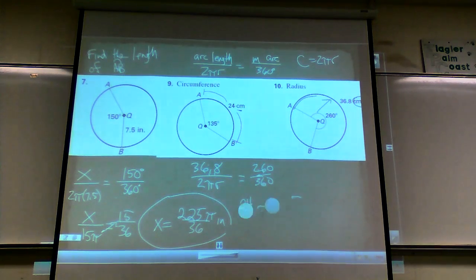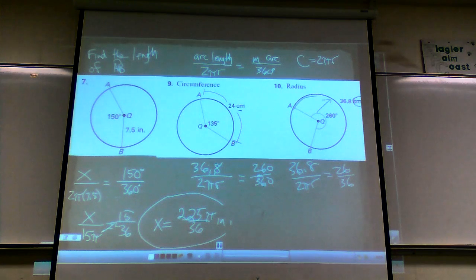So, in terms of solving this out, this becomes 36.8 over 2 pi r equals 26 over 36, or 13 over 18, however far you want to reduce it down.